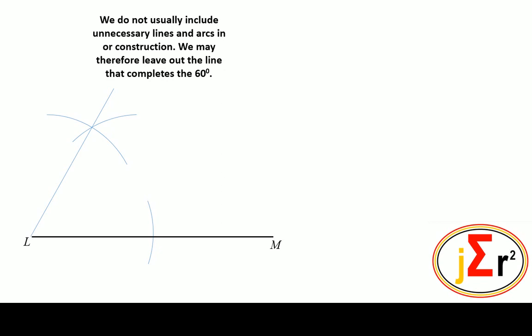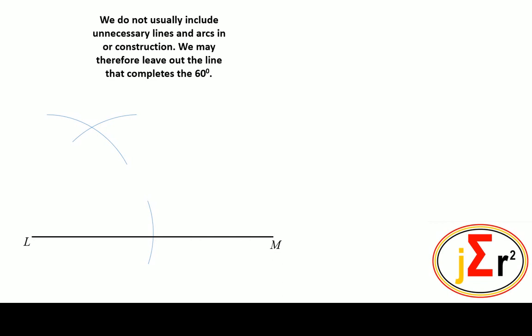And of course, those should not be given any consideration. So we should eliminate those or just not include them at all. So that line is not necessary. We just place it there to show you that it is actually 60 degrees, although we didn't measure or anything, but to show that the 60 degrees angle is drawn. But it should not have been drawn in actuality or in the examination, because it is not necessary.